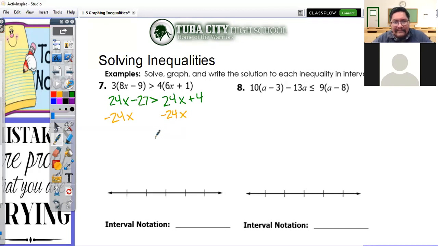So in this case, I lose my variable. Now remember, I told you there are 2 things that can happen when you lose the variable. There is either no solution, which is the first thing, and the second thing is going to be all real numbers, or sometimes we call it infinite solutions if it's graphed.